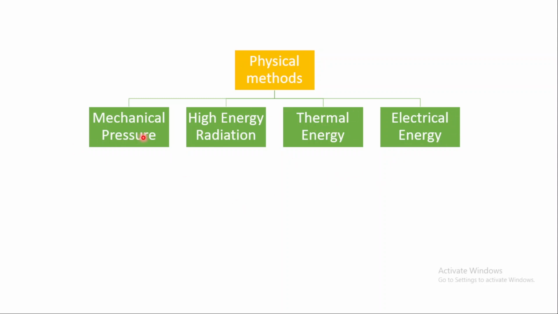So wherever we use mechanical pressure or radiation, heat and electricity to break down a bulk material into a smaller nanoparticle to the nano size, those all are classified under physical methods in top-down approach, right? So in physical methods, you mostly see top-down approach.